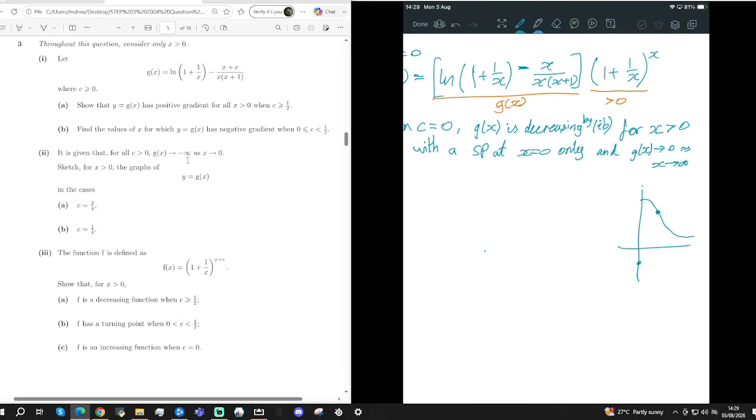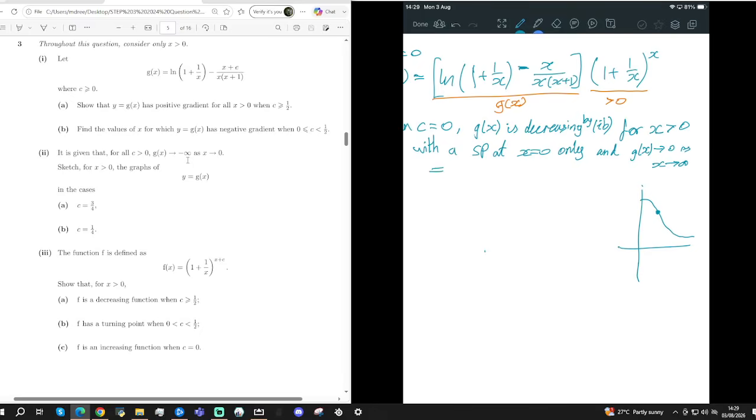Well, it can't start down here, have a maximum, and still go up there with being only decreasing. So actually it's just a feature of the setup. If you're decreasing and you're tending towards 0, then you had to be positive.